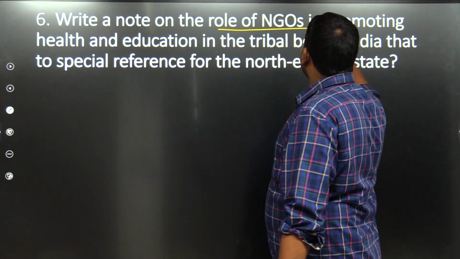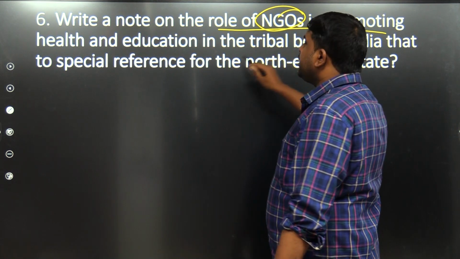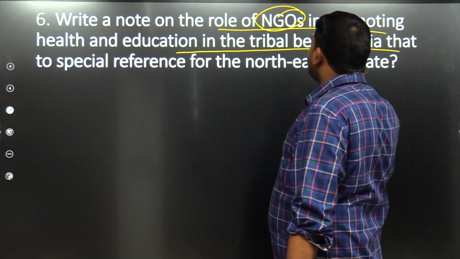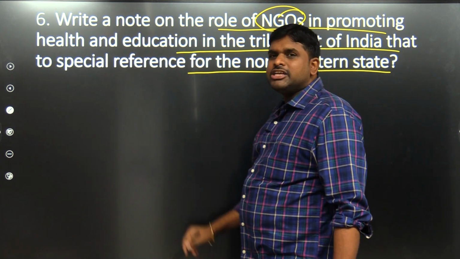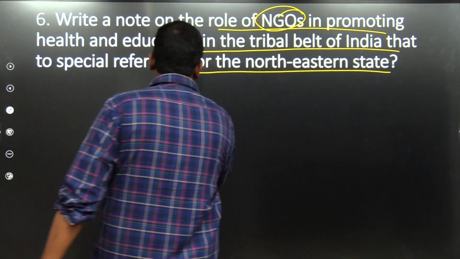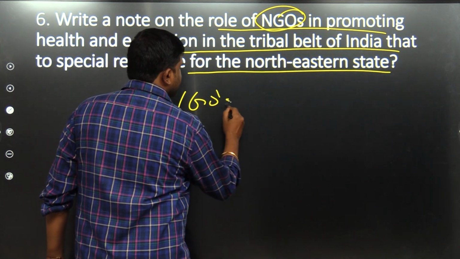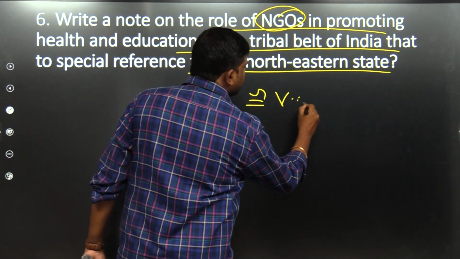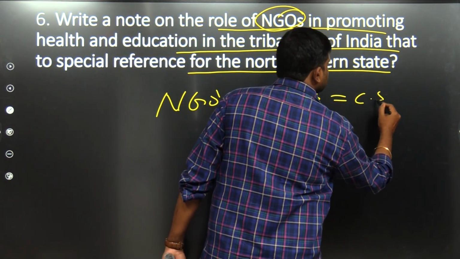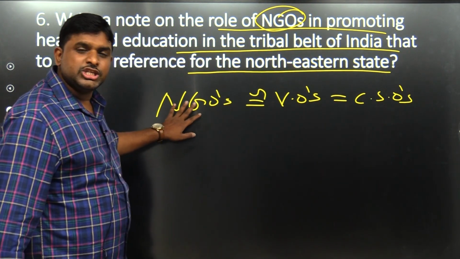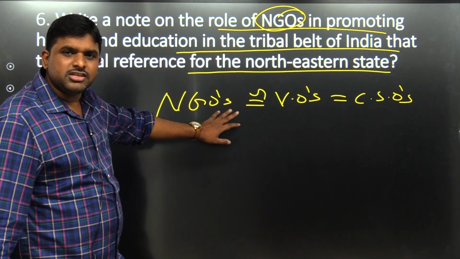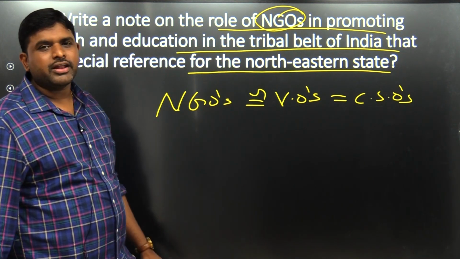Write a note on the role of NGOs in promoting health and education in the tribal belt of India, with special reference to the Northeast. Who are NGOs? Voluntary organizations, civil society organizations.